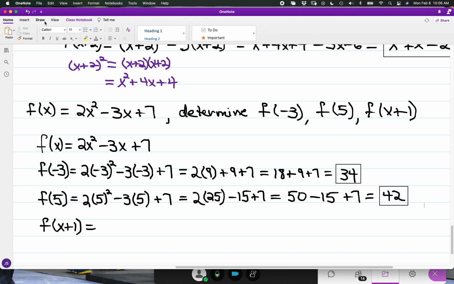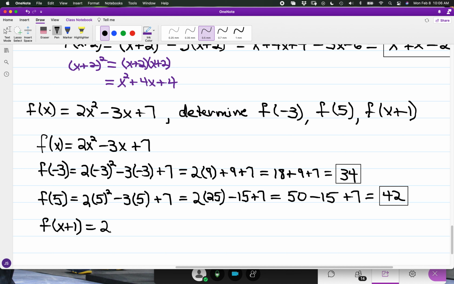Now for the variable expression input with the binomial x plus 1. This translates to 2 times the square of x plus 1, minus 3 times the quantity of x plus 1, and again followed by the addition of 7.